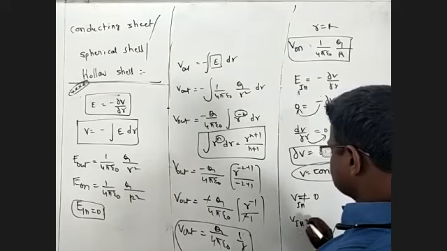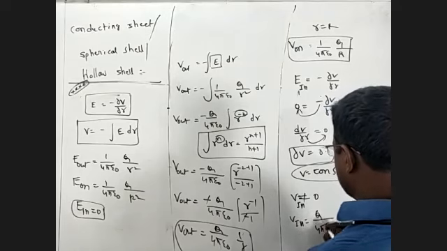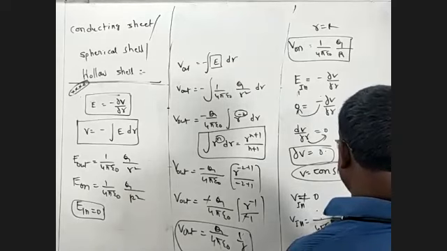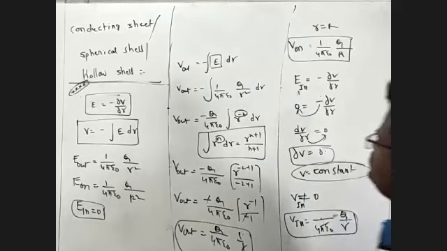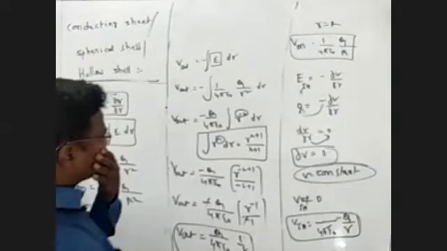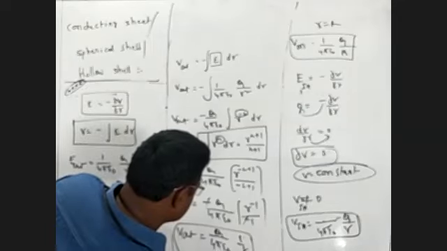So V in is equal to 1 by 4 pi epsilon naught Q by R, where Q is the charge inside. You see that V out is inversely proportional to r.